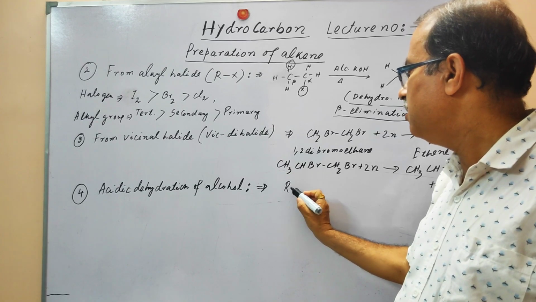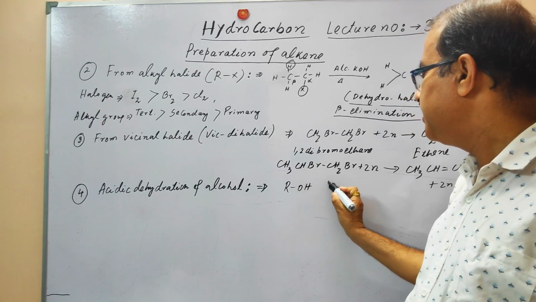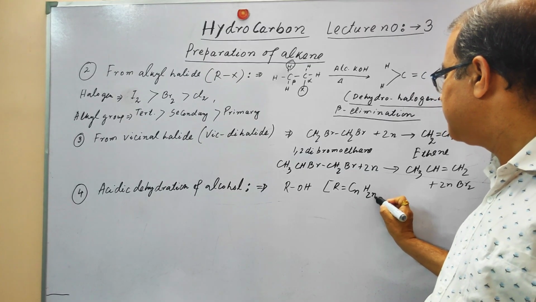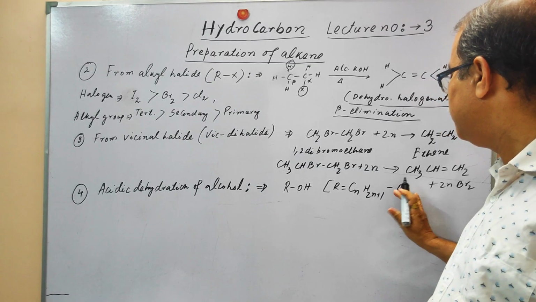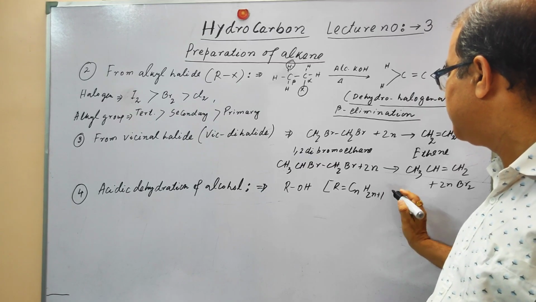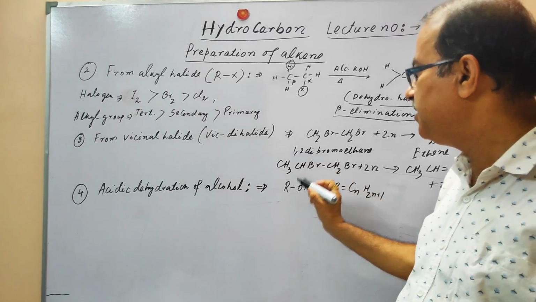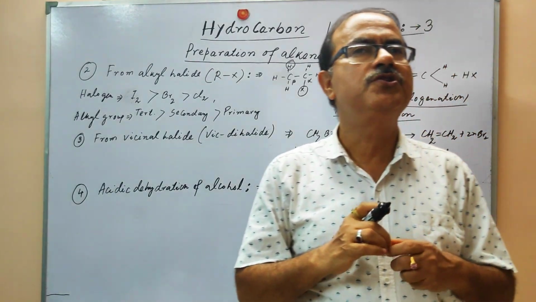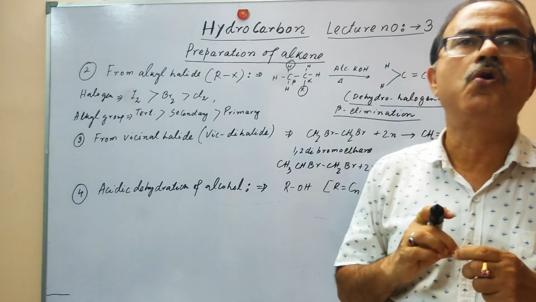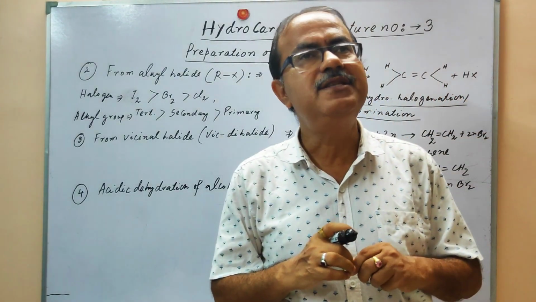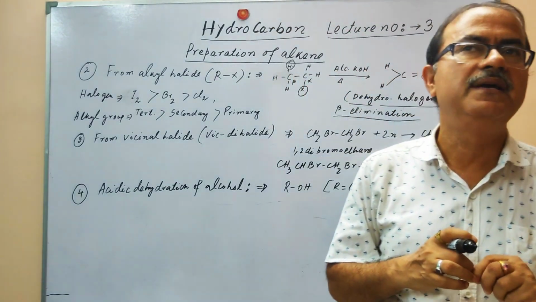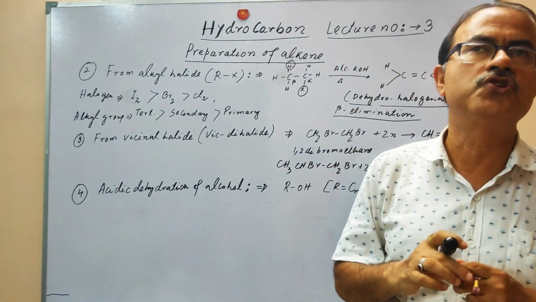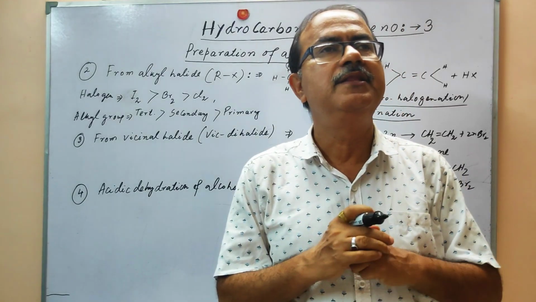And when this alcohol, that is ROH, where R is basically CnH2n+1, and we have the OH group, is reacted in presence of concentrated H2SO4 or H3PO4, and we heat it, then what is going to happen?